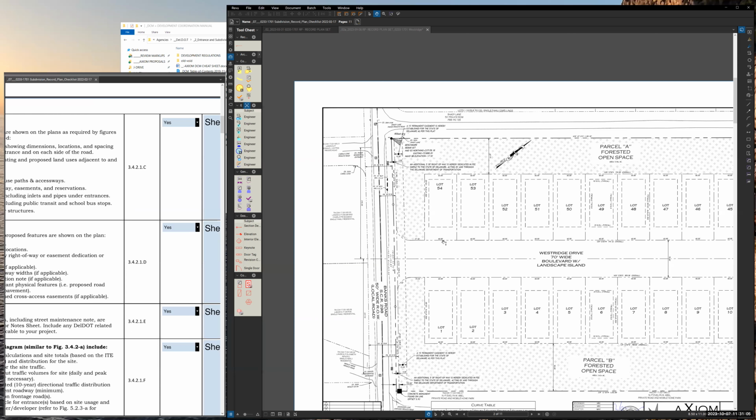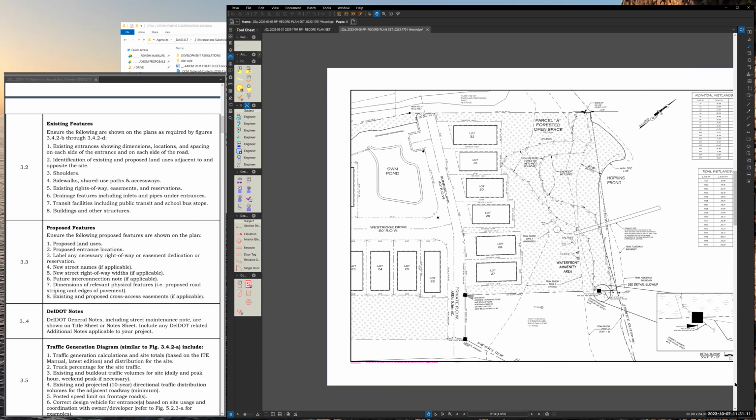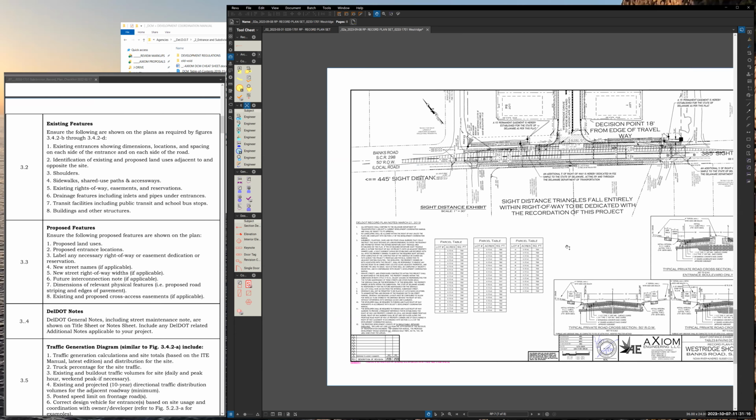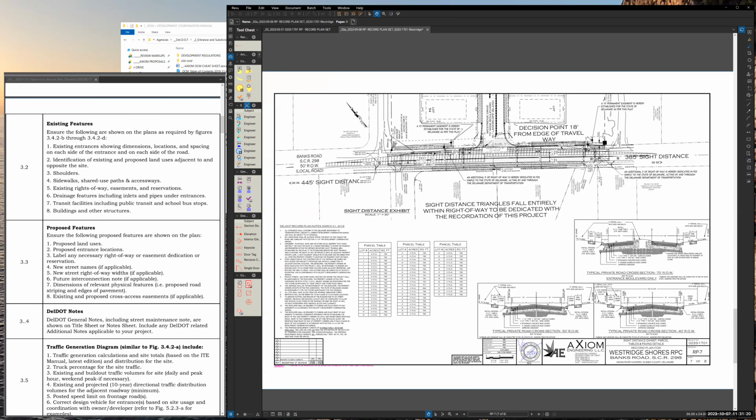I think on this plan, we actually show more of the entrances that are further away on the site distance triangle sheet. In terms of what's far away, the distance in either direction exceeds what is required on that distance table. I don't believe we located the road all the way down here nor down there.